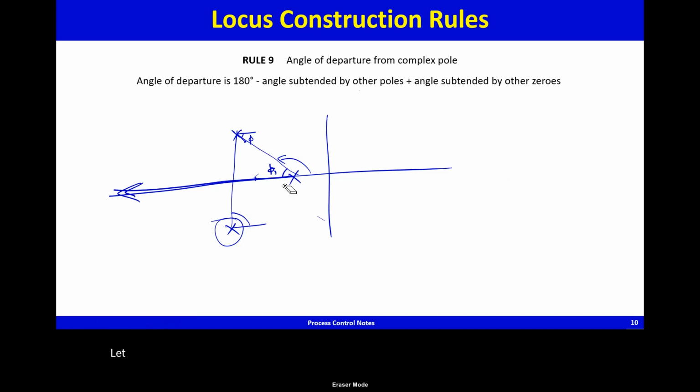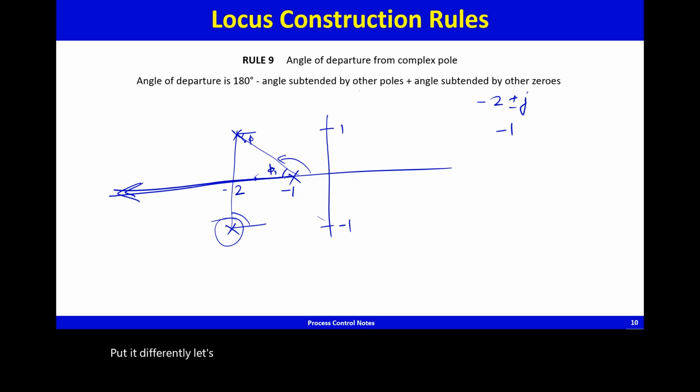So let us say this is minus 1, and let us say this is minus 2, and let us say this is 1 and this is minus 1. So the two complex poles are minus 2 plus minus j, and minus 1 is the other pole. So invoking the angle condition would be as follows. Angle subtended by this guy is how much?